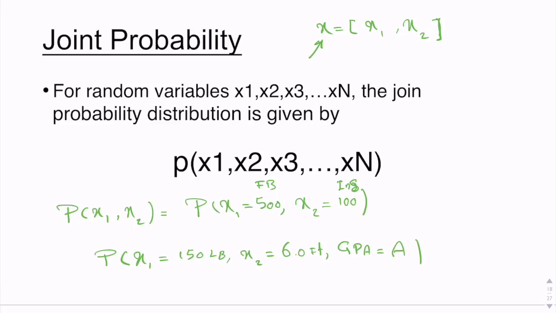We are not only interested in computing the probability for one random variable. You want to compute the joint probabilities for all random variables. So this is a joint probability, which we'll use frequently when we talk about inference in statistical models.